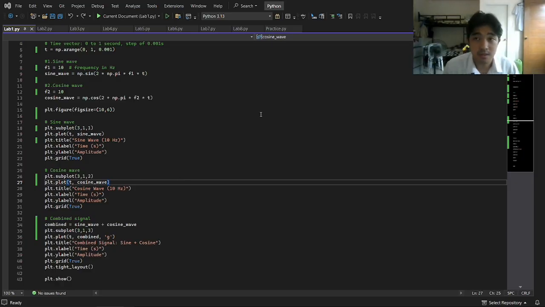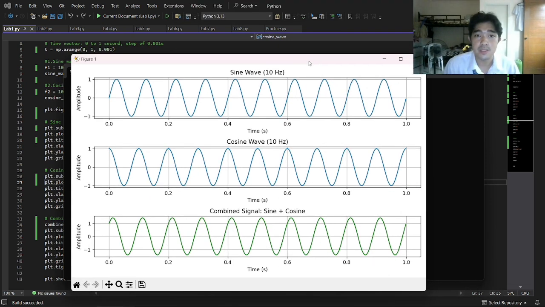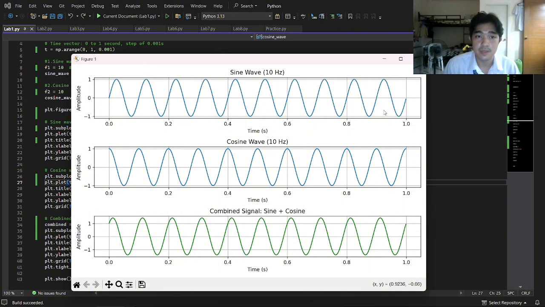Given the sine wave and cosine wave, when we try to add them, the result depends on their phase relationship. When both sine and cosine waves are in sync, or their phases are the same, they reinforce each other, giving us a combined signal that is identical to the sine wave and the cosine wave.